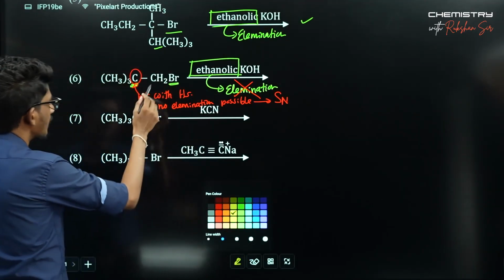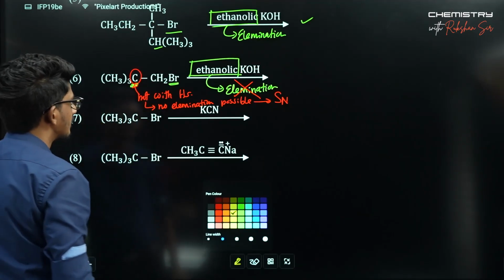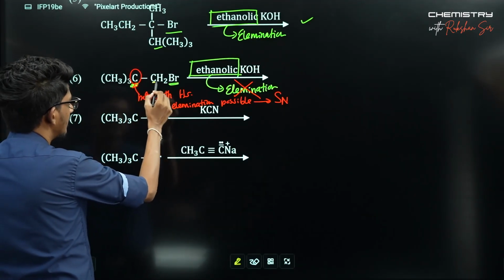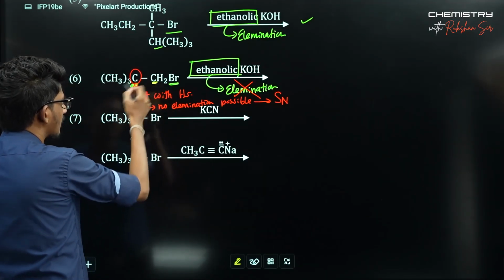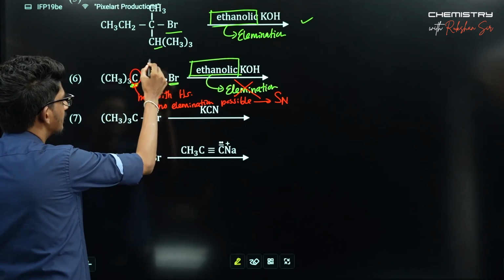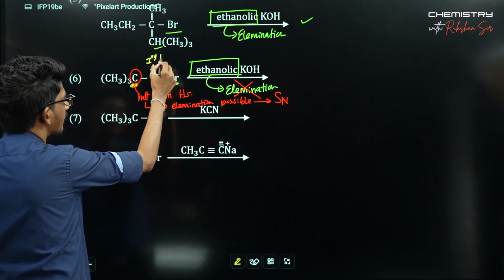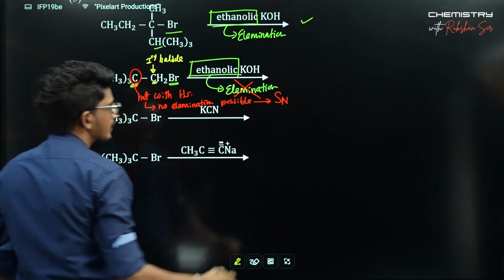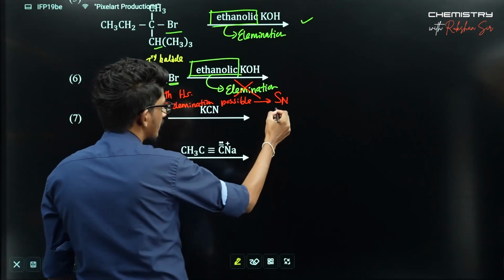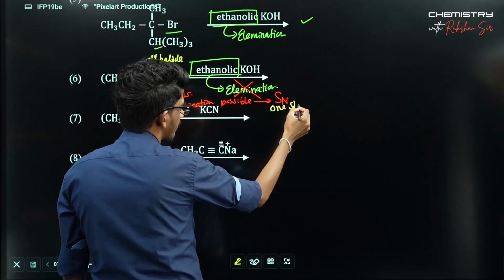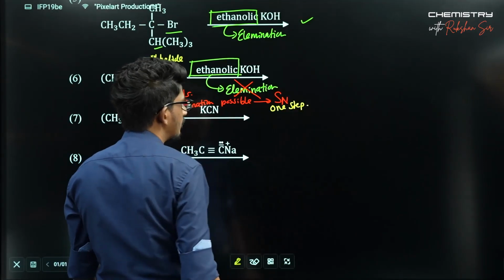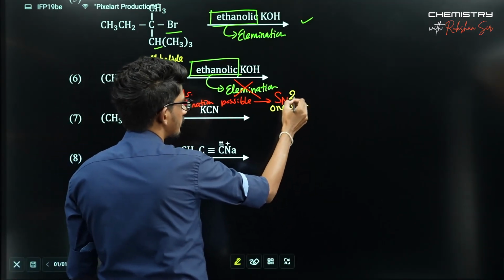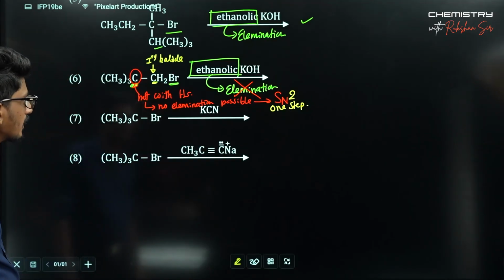As it's a primary halide, this carbon containing only one R group, the nucleophilic substitution should be one step, SN2.